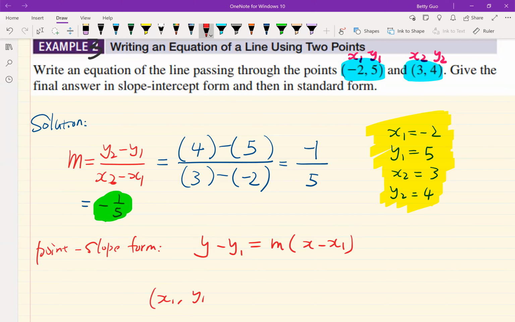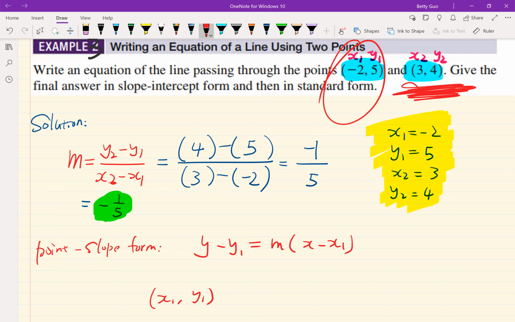x sub 1, y sub 1 is just any given point on the line, right? You can use this one for sure. By the way, do you think I can use this? Could I use (3, 4) as well? Yes or no?